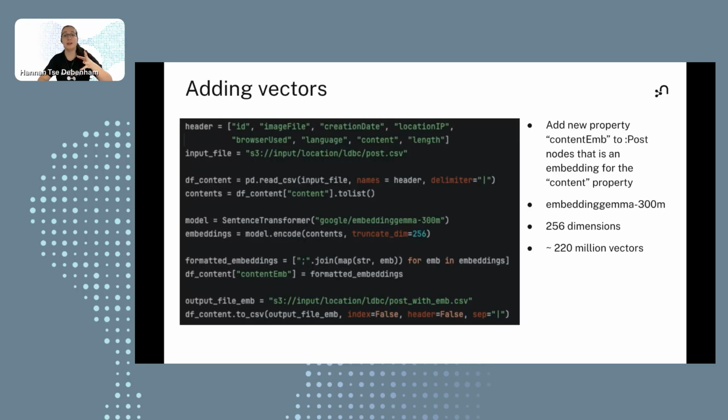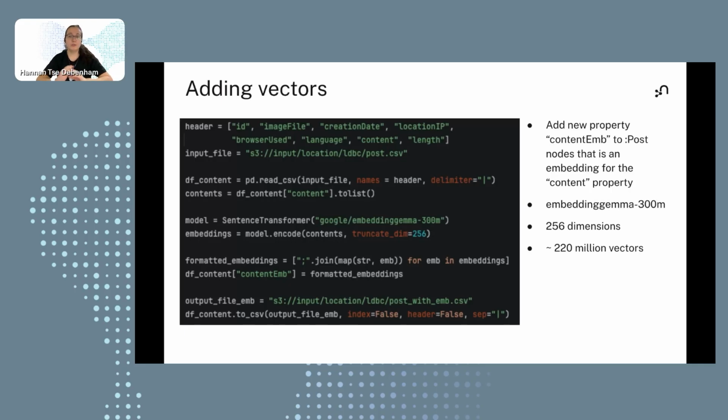So how did I add vectors to my dataset? In the LDBC dataset, there is a node type called post, which may or may not contain a text property, which is called content. So I wrote this simple Python script using the sentence transformer package to generate an embedding for each content property and output this into a new file that I could use as replacement input to the importer.